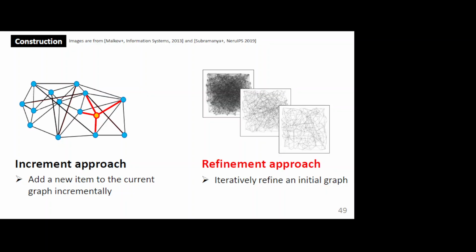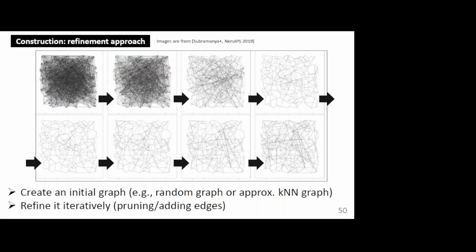The second approach is the refinement approach to construct your graph. You can see the steps of how to refine your graph. The first graph maybe is a random graph or a KNN graph. KNN graph means for each node, I will connect the top K neighbors and build the edges.